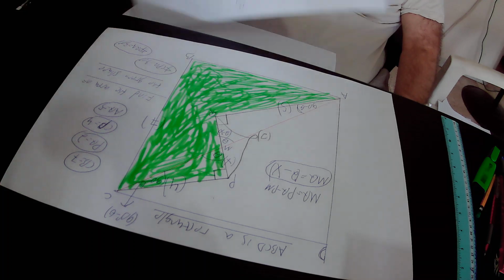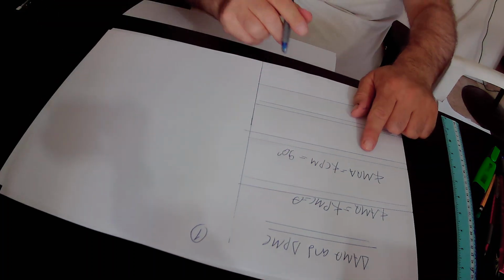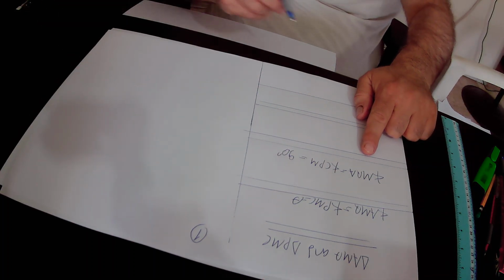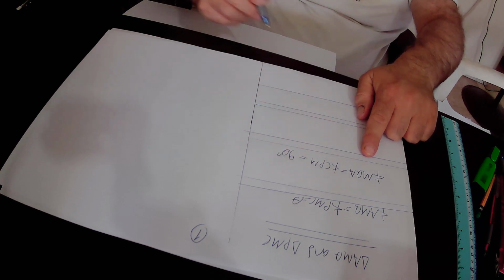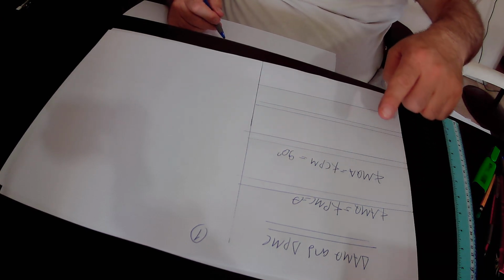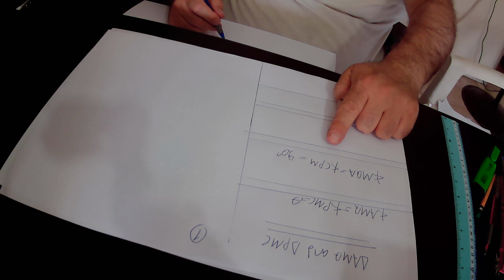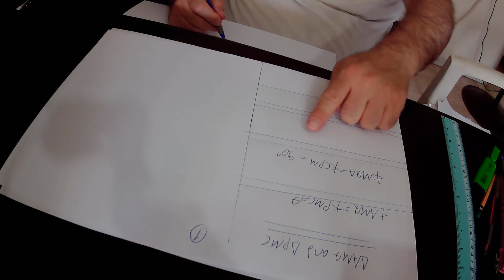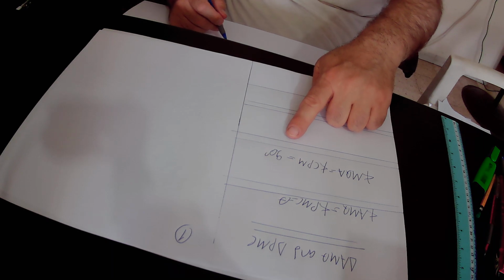Repeat again: angle MQA in the right triangle AMQ is equal to angle CPM in the right green small triangle PMC. They are both equal to 90 degrees, therefore they are equal to each other.